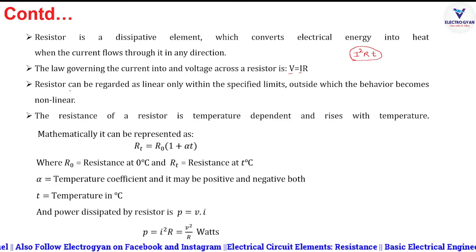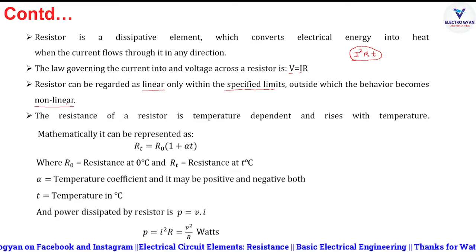A resistor can be regarded as linear only within specified limits. Outside those limits, the resistor behaves as non-linear because resistance depends on temperature.